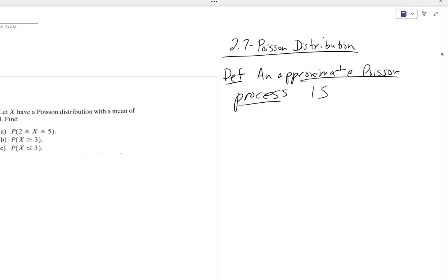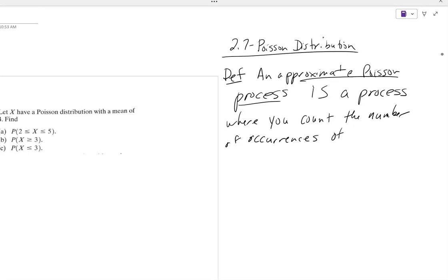So let's talk about what the characteristics of a Poisson process are. Well, first, it is a process where we're going to count the number of occurrences over a time interval, over some certain interval.